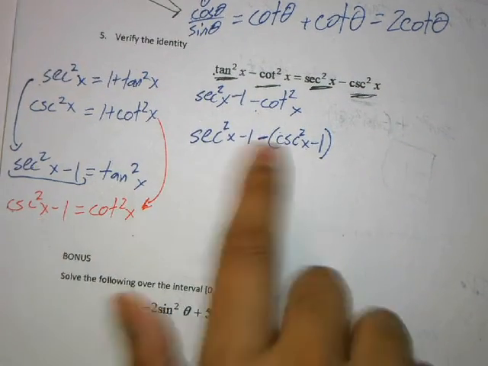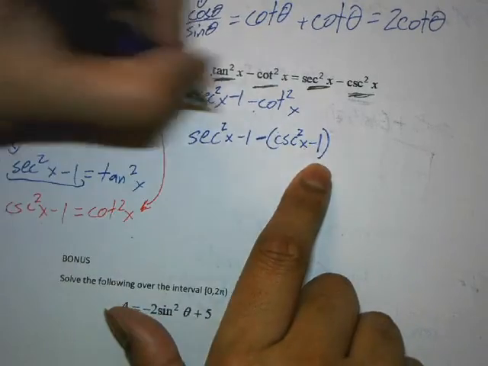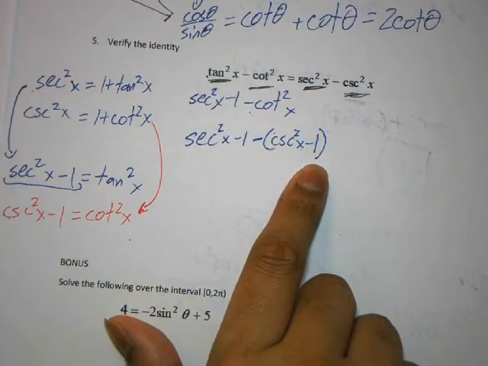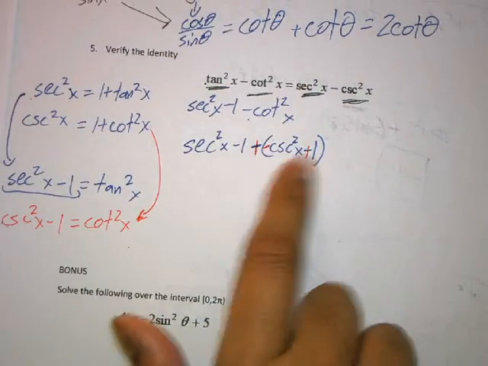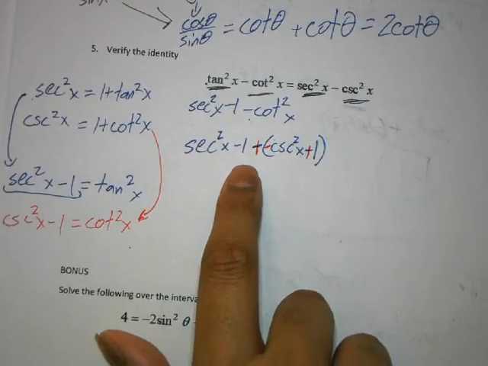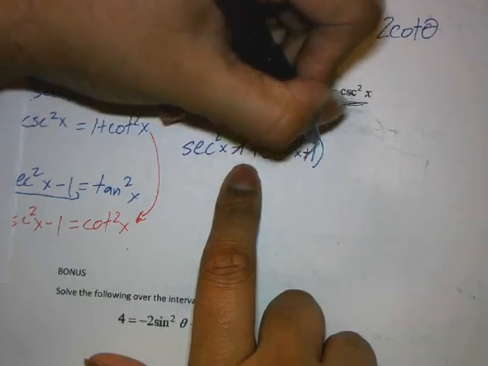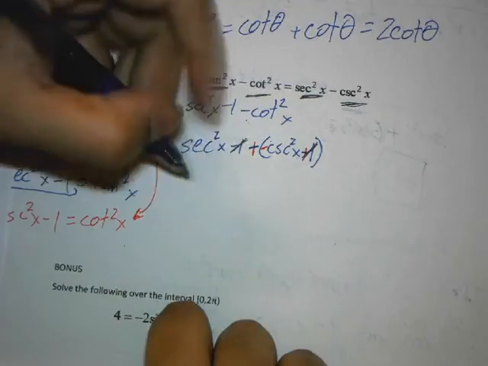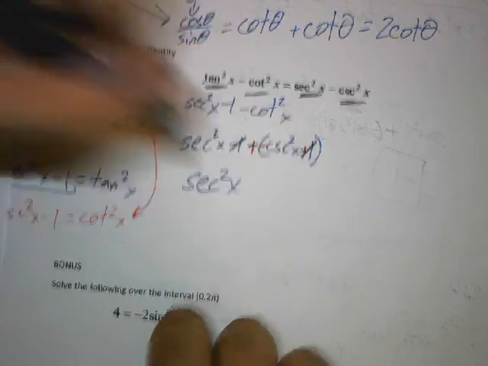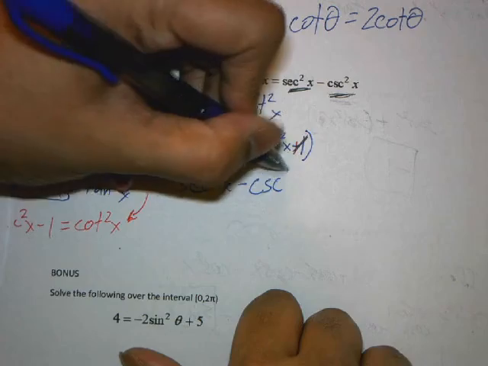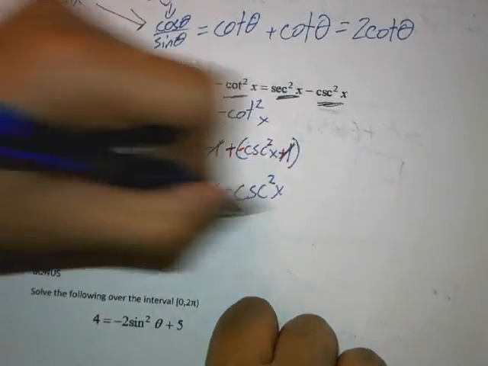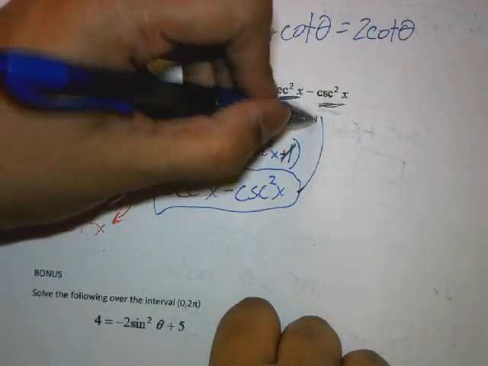And finally, I'll distribute. You're going to see these 1s cancel out, and I've got secant squared minus cosecant squared. And that's the final result I was aiming for all along.